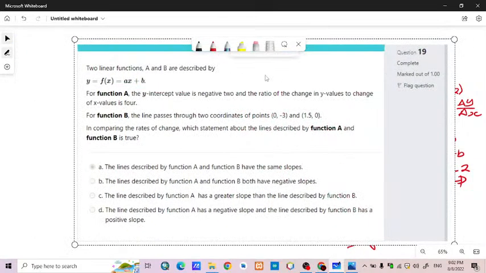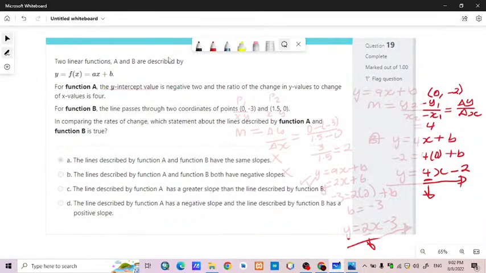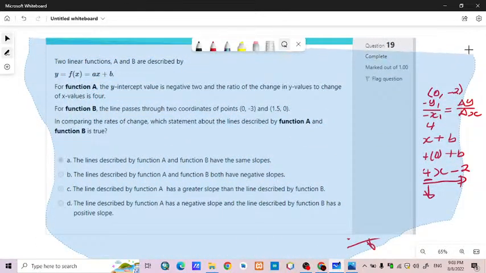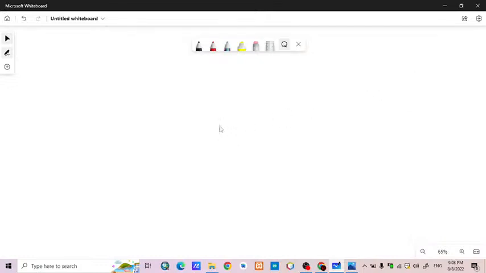Can we just delete this thing? Control A. Oh, should have used that. Okay. Next time I'm just gonna use Control A and delete. Okay.